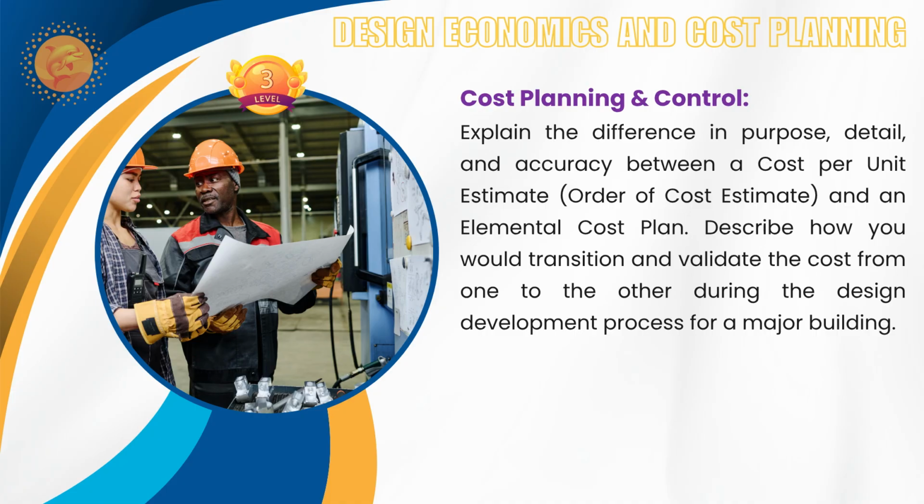You will have overall, then you will divide it based on your benchmarking, how you would apply to your different elements like substructure, shell, and then services or finishes, external works, those kind of things. How would you break into different elemental level breakdown? That will be divided based on your benchmark costing to apply and control the cost during the design development. So this transition occurs once the brief is defined.